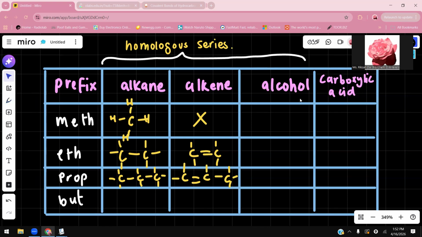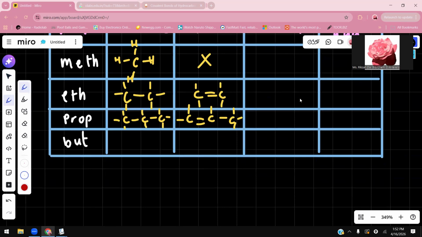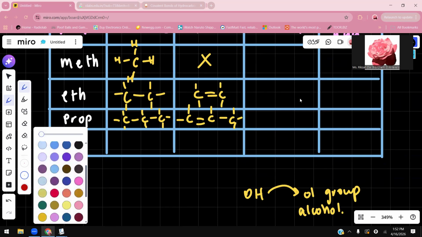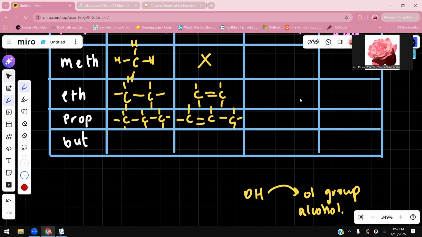Alcohols. The functional group of alcohols is OH. This means that on your carbon chain, hydrogens are obviously attached to the carbons, but we have an OH attached as well. So this is the OH group or the alcohol group. Let me do this in a different color. Let's pick a pretty color. There we go.